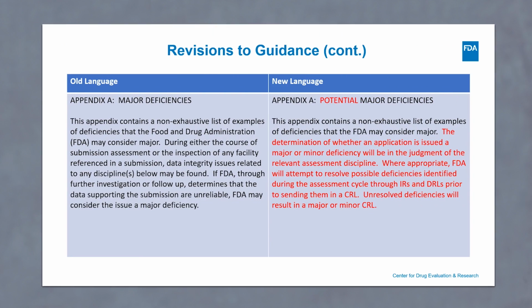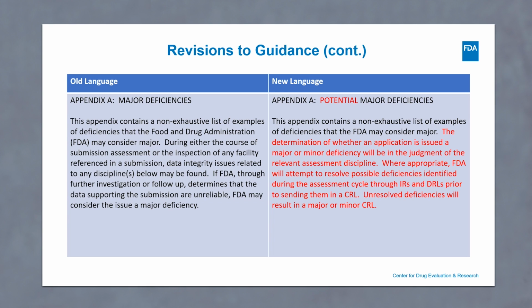This slide shows how FDA changed the language at the beginning of Appendix A. As shown in red, the word potential was added to the heading for Appendix A to communicate that just because a deficiency relates to an example given in the appendix, that does not mean the deficiency will automatically be classified as a major deficiency. Also shown in red, FDA replaced prior framing language with the following new language.